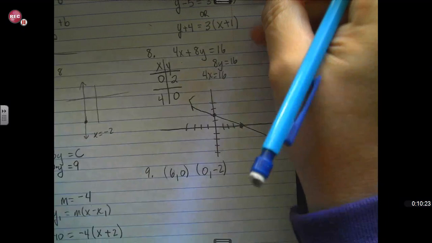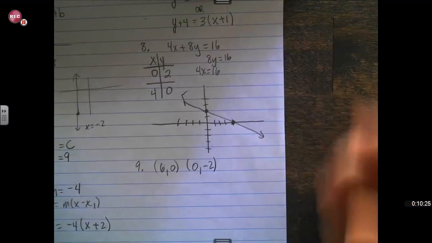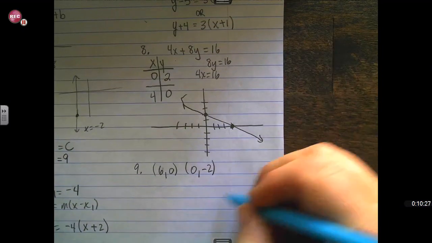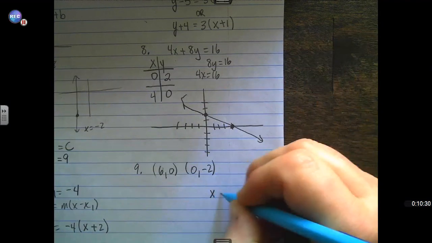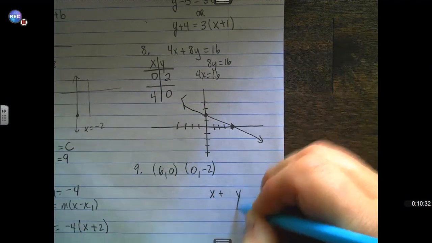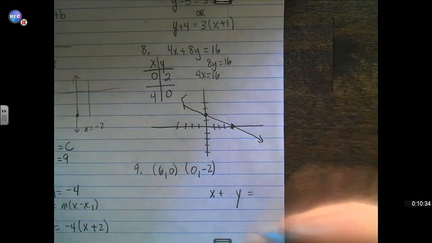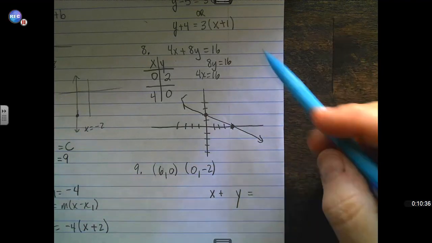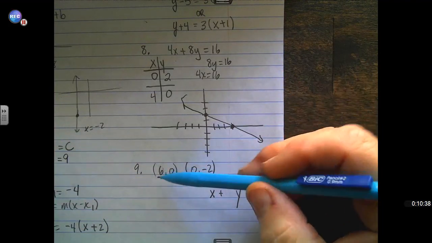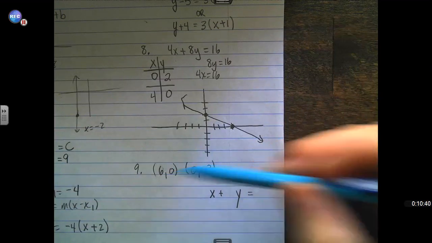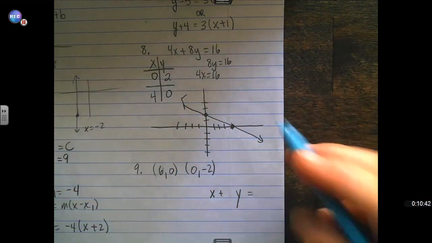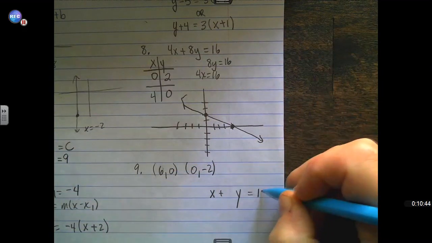So I've shown you two ways to do this. One way is to say something times x plus something times y equals something. And that something is the least common denominator between 6 and -2. And I'm going to say it's going to be +12.